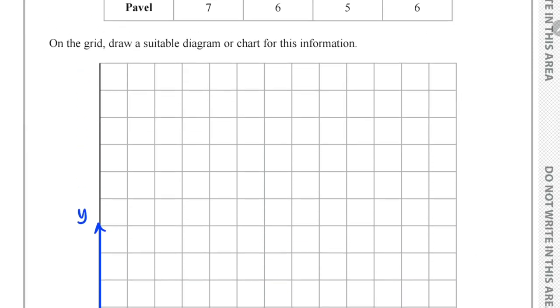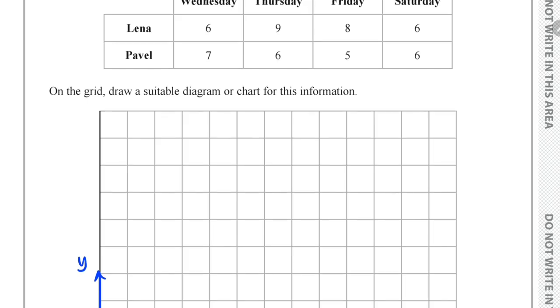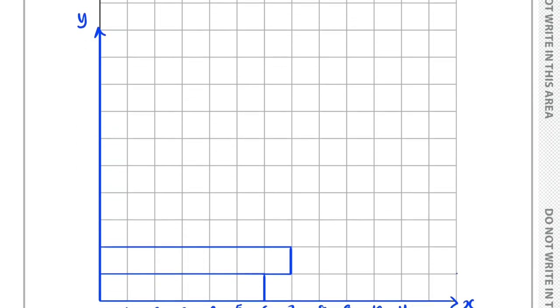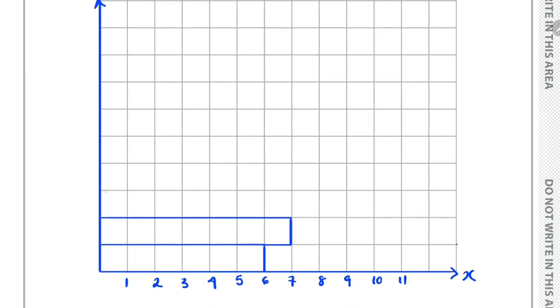Then for the next day, it is Lina 9 and Pavel 6. So I can come here, Lina 9. Okay, so I can give a space. I can have Lina 9.